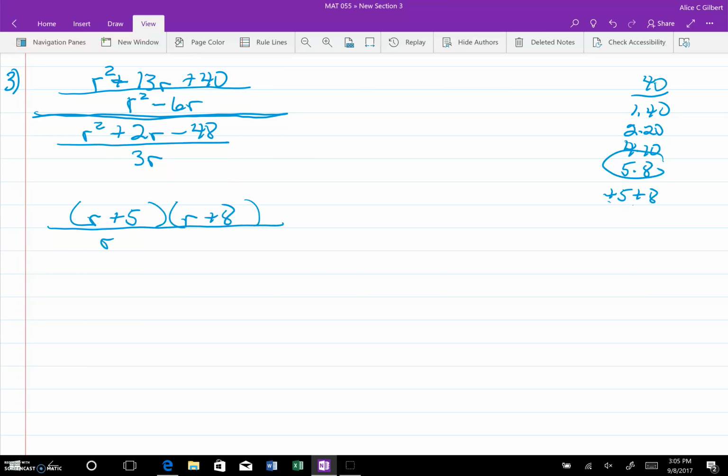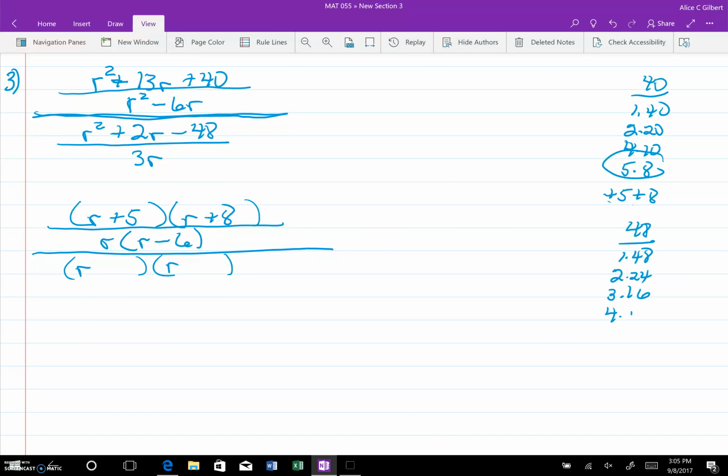Well, let me see. I can factor an r out. That gives me r minus 6. That's the best I can do there. And again, double bubble, rule 3a: 48, 1 and 48, 2 and 24, 3 and 16, 4 and 12, 5 doesn't go into it, 6 and 8.